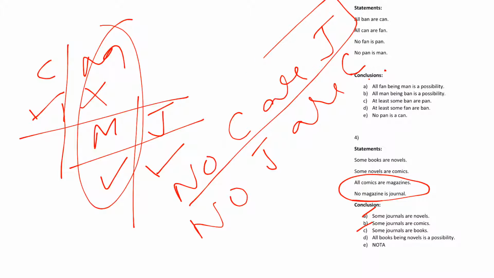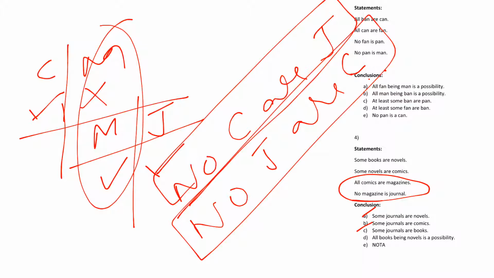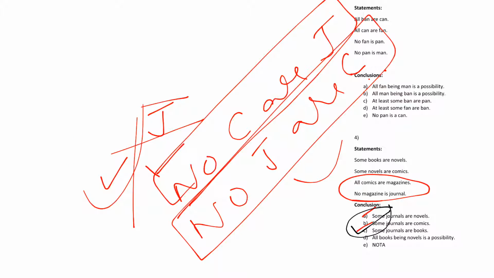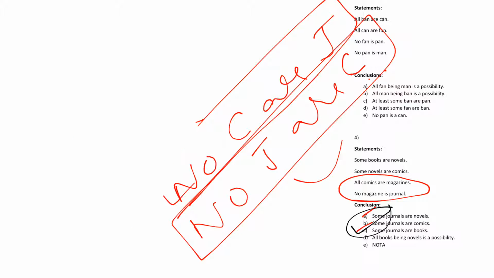So directly from this we are saying definitely that no C R J and no J R C. So how can some J R C happen? It cannot, because we directly said definitely no J R C. So there is no chance of some journals are comics. So for the matter of fact, B is our answer, and we will discuss the others also, so that we get the entire picture of the syllogism sheet.